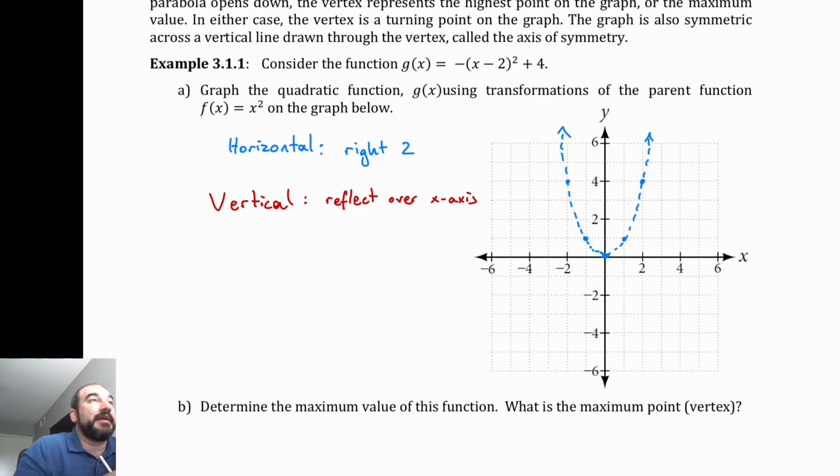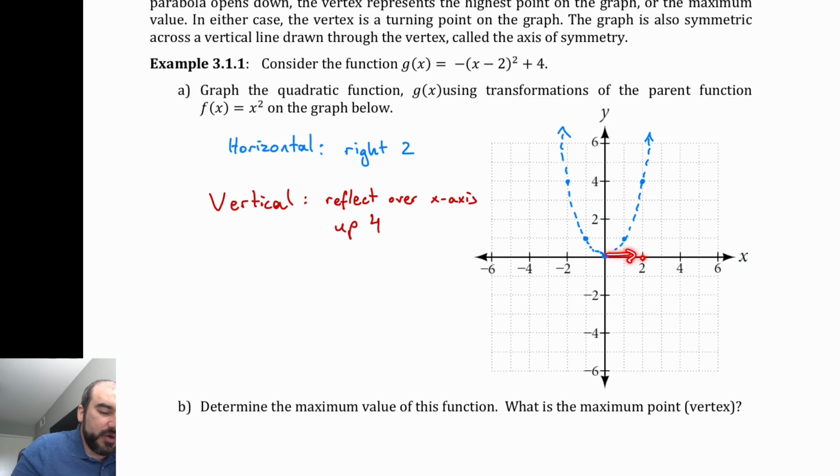That's what the negative sign in front of the parentheses is going to do. And then what about the +4? It shifts it up 4. Good. So we're going to do that in that order. It doesn't matter if we do horizontal or vertical first, but within the vertical, we need to do it in this order.